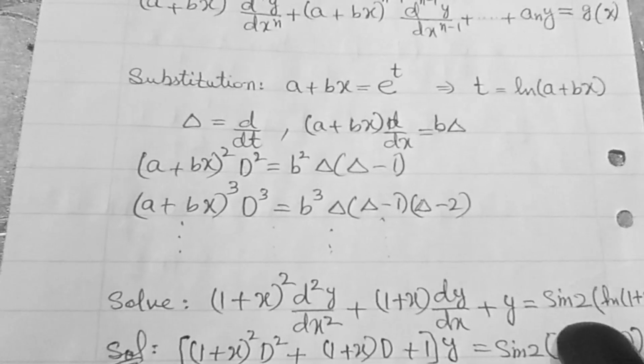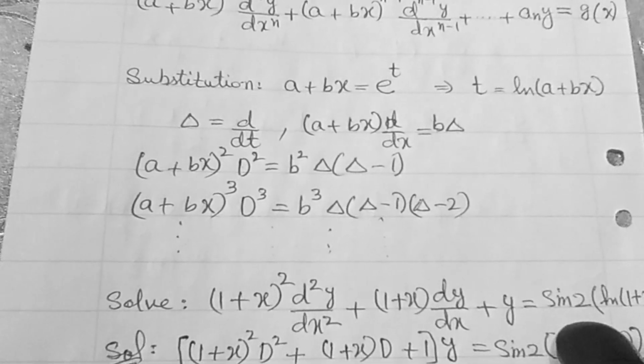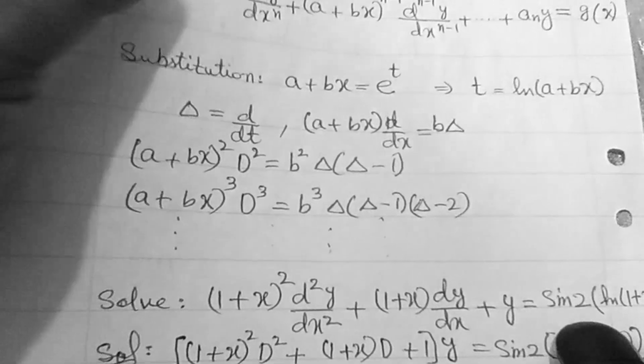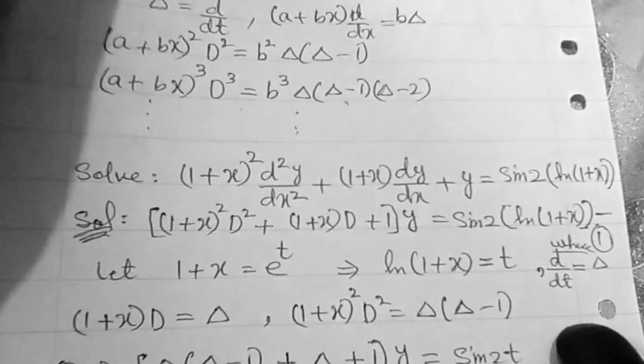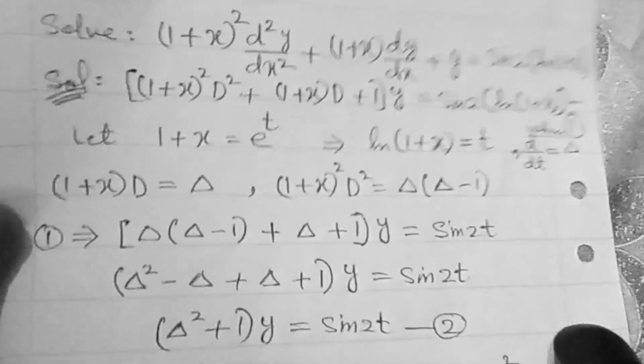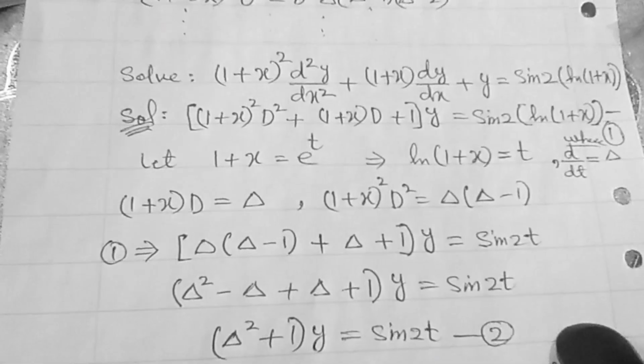So look at the problem, how we can solve such a kind of problem associated with the Legendre's differential equation. First of all, we will see this differential equation and check whether it is the Legendre differential equation or not.